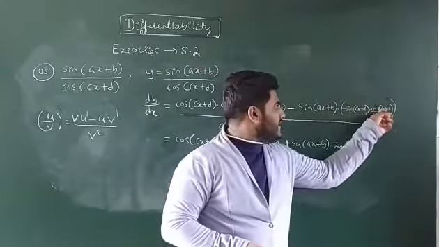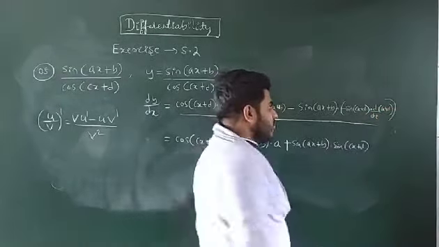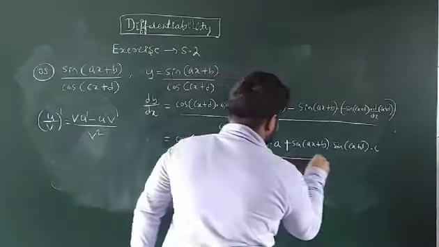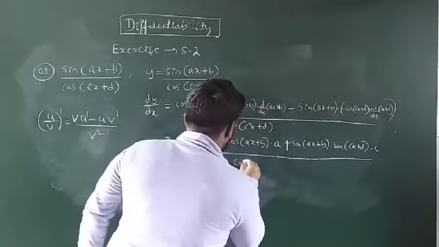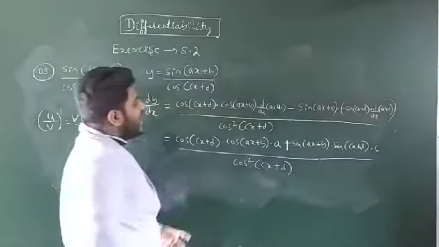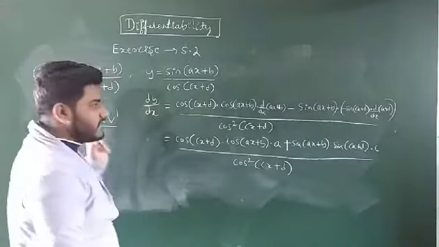C is as it is, differentiation of x is 1. Differentiation of d is 0. So we are having only c. Whole divided by cos square cx plus d. So this is the answer for this question. Nothing but we have applied this quotient rule.